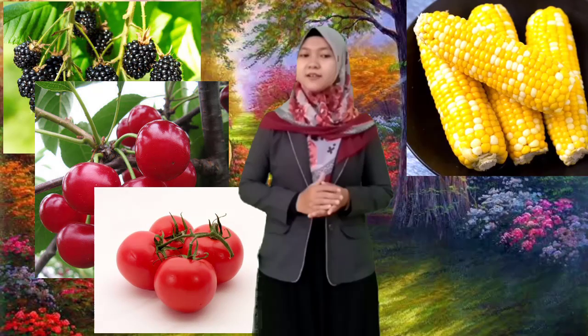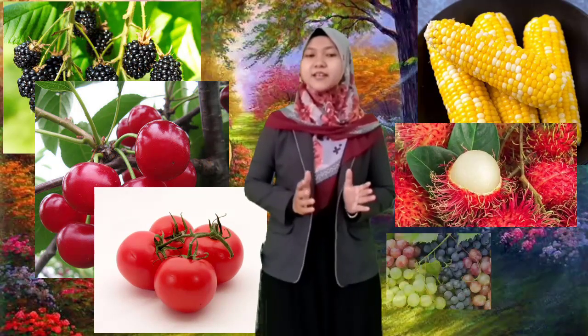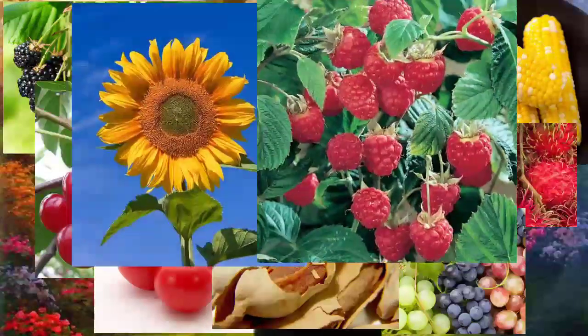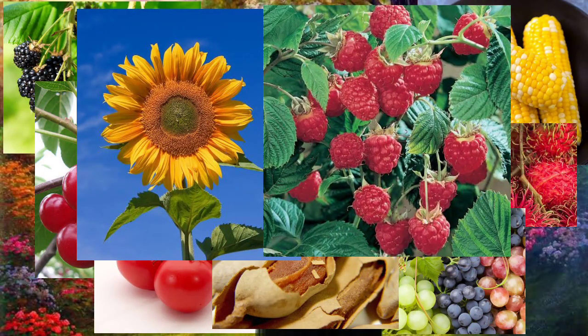Blackberry, cherry, tomato, acorn, rambutan, grapes, tamarind, raspberry, sunflowers and apple are a few examples of plants whose seeds are dispersed by animals and birds.